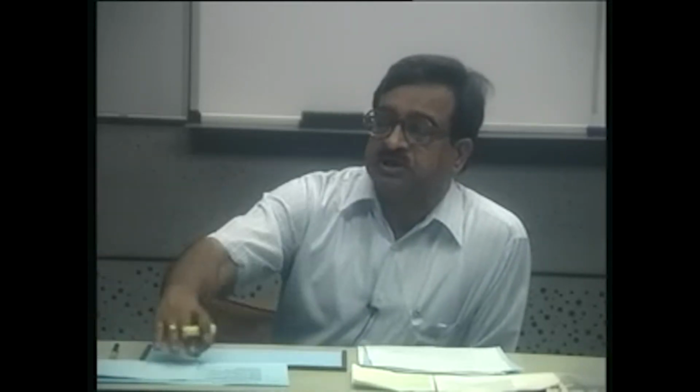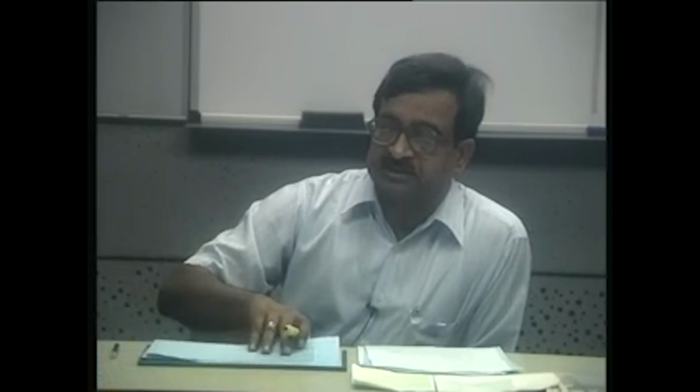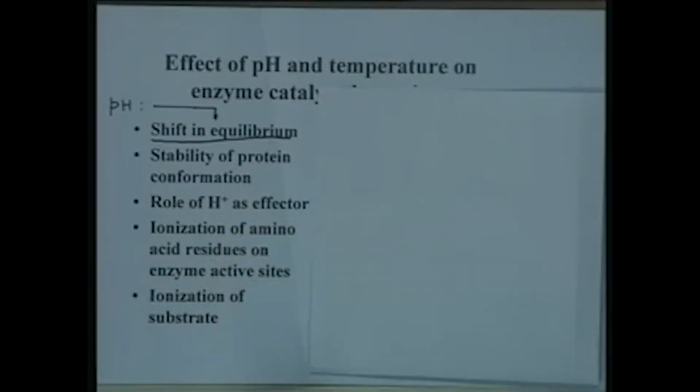Now, the second important issue in the case of pH effects is the stability of the protein conformation. As we all know, proteins retain their native conformation within a limited pH range, because electrostatic interactions are a major non-covalent force involved in the conformation of the enzyme molecule.